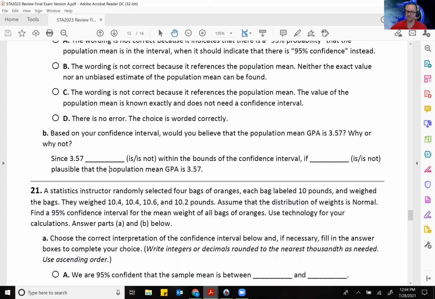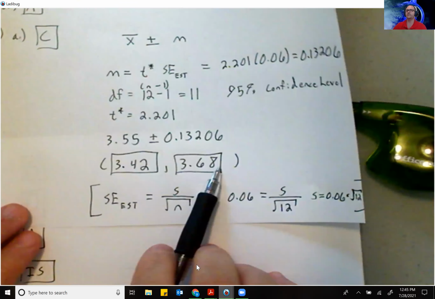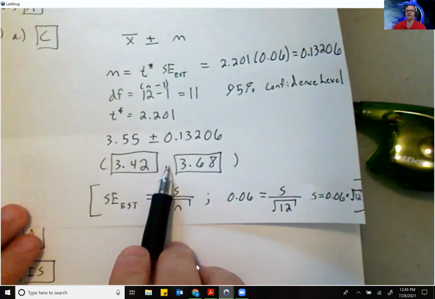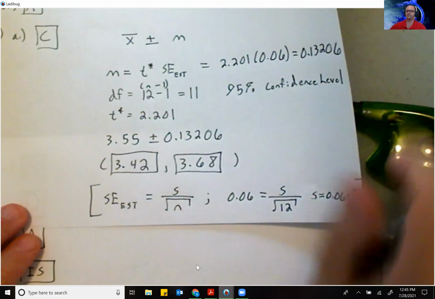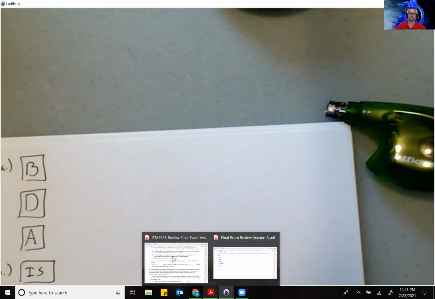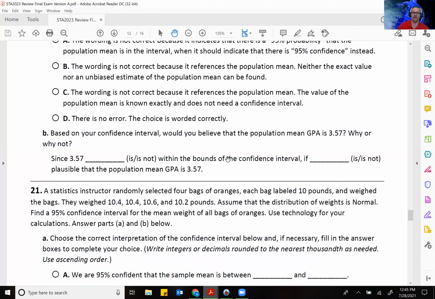So the first blank is within our bounds, because again, remember, we're looking at 3.57 according to this interval, and 3.57 is in here. So 3.57 is within the bounds of the confidence interval, so it is plausible that the population mean GPA is 3.7. I think that's supposed to be 'it is,' not an 'if.' So both of these blanks should be 'is.'